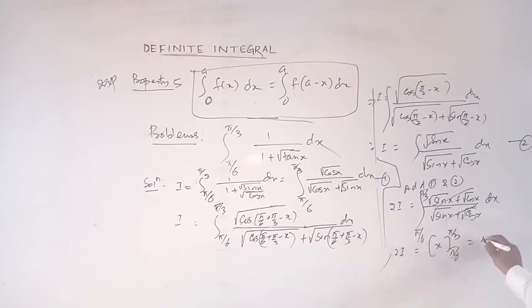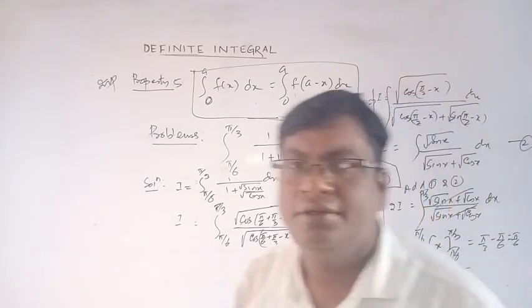So the answer is pi by 3 minus pi by 6, which is pi by 6. So 2I equals pi by 6, and I is equal to pi by 12. This is the answer.